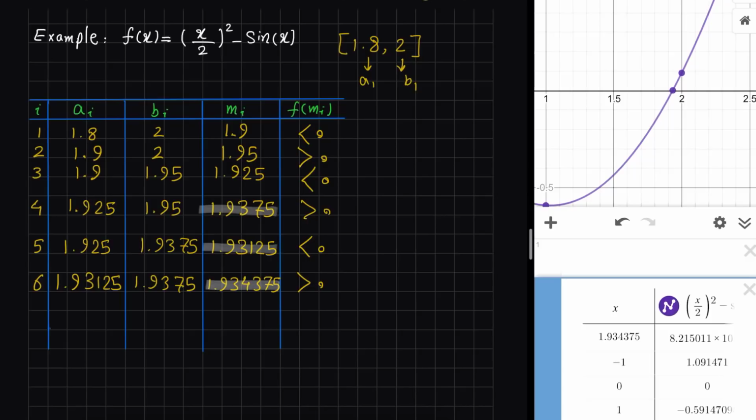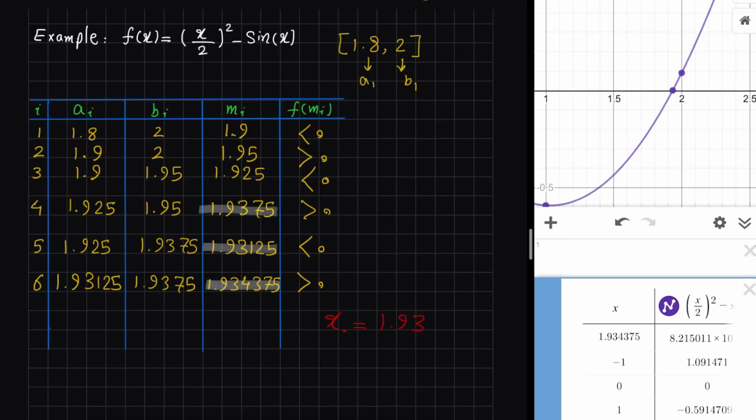So for example, just using 2 decimal figures, we can say that our root is 1.93 with 2 decimal points. And yeah, that's the bisection method.